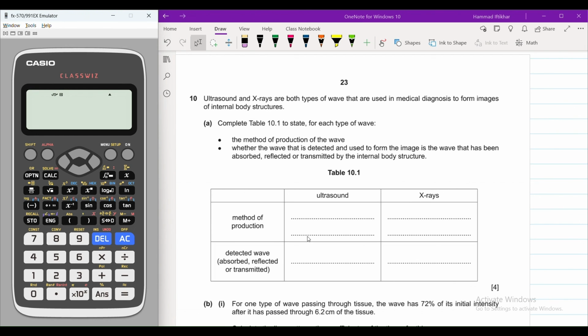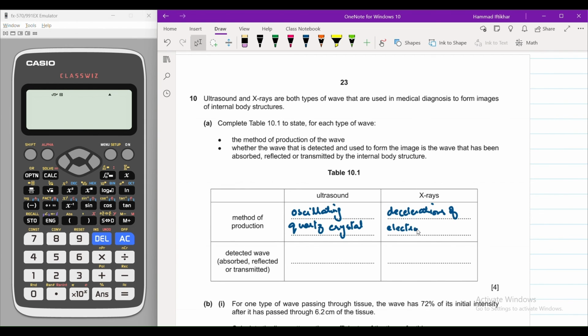Method of production for ultrasound is the oscillating quartz crystal, and for X-rays it is the decelerations of electrons on metal.